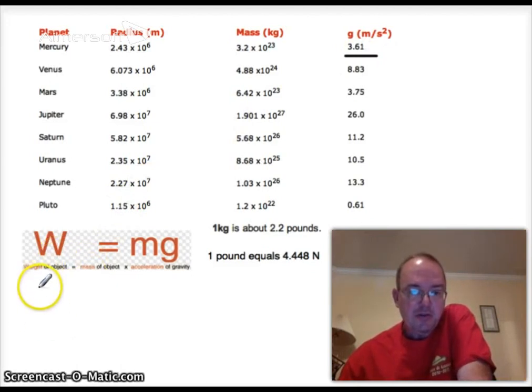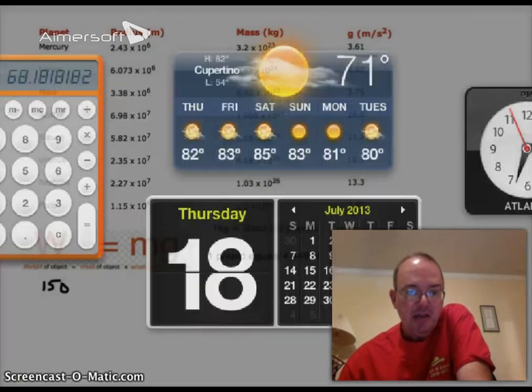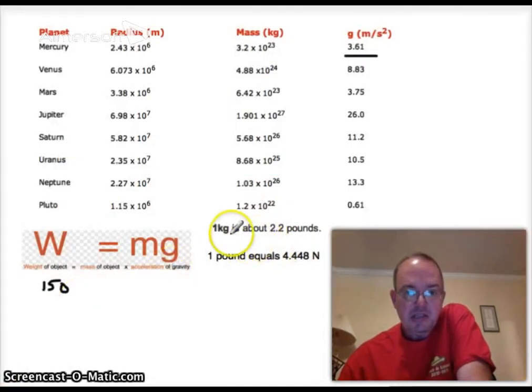If you take a person who weighs 150 pounds, first of all, the pounds will have to convert to kilograms. So to make a long story short, to convert to kilograms, you have 150 divided by 2.2. So that makes 68.18. So 68.18 is the mass.